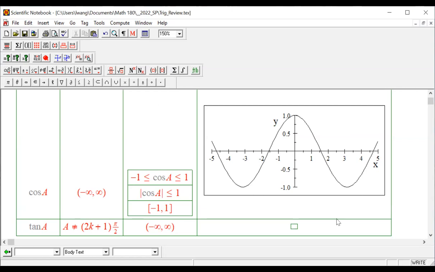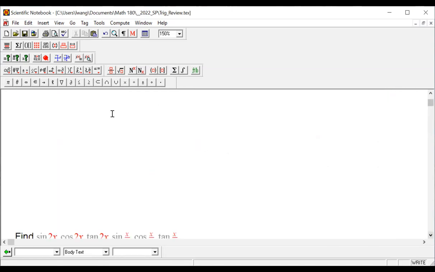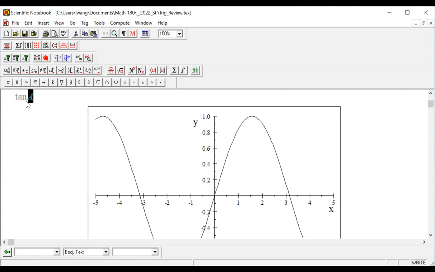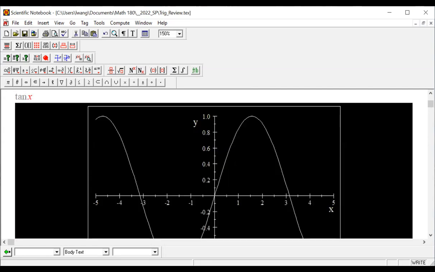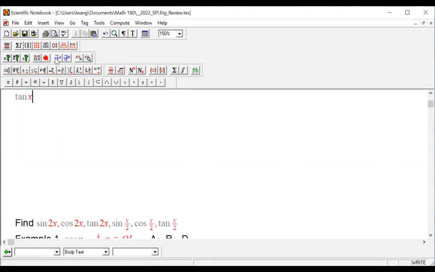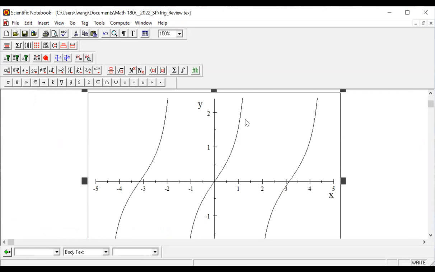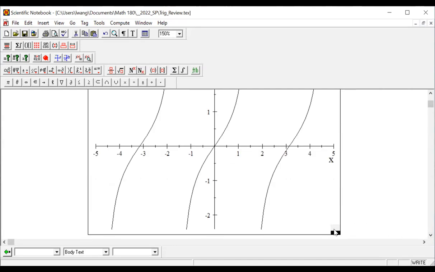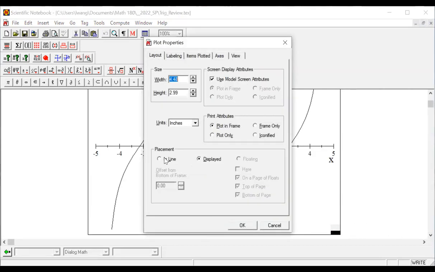Okay, and the graph tells us. So the tangent function has a graph. Oops, what's going on here? The program is confused. Okay, so here it is.